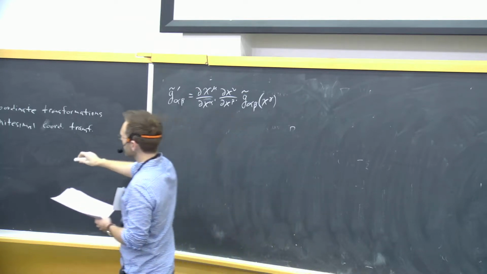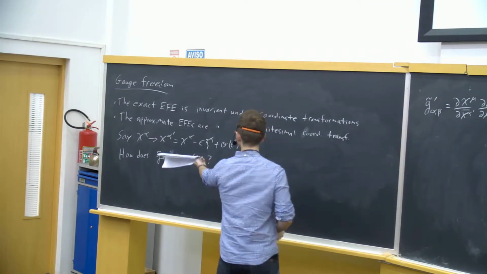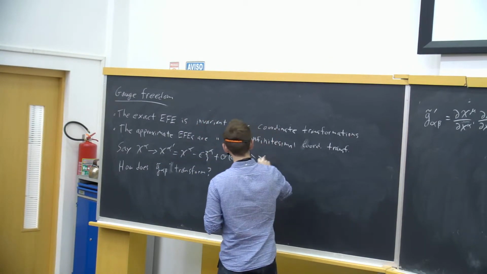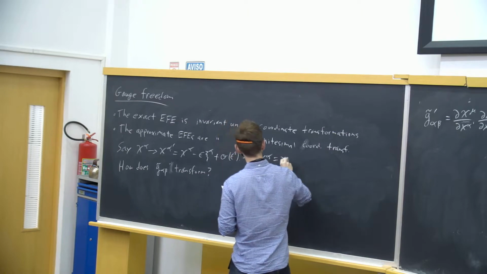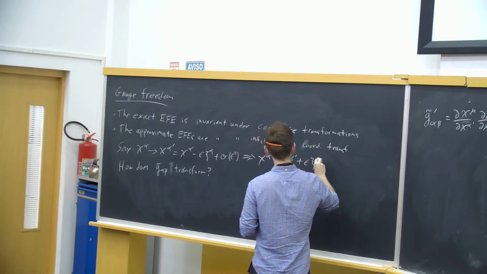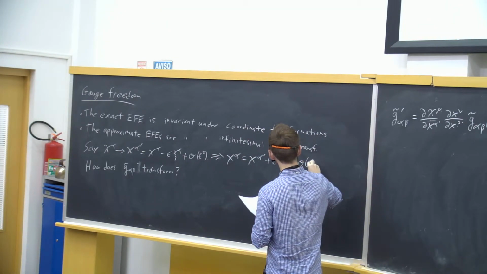So from this, let's rewrite this as an expression for x alpha in terms of x alpha prime. We have x alpha is x alpha prime plus epsilon xi alpha plus order epsilon squared.